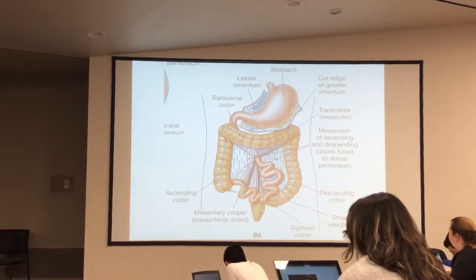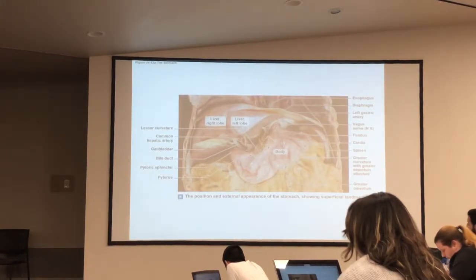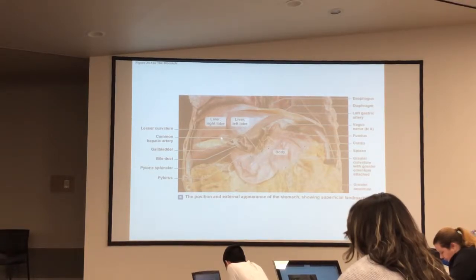And here we cut it out, okay, the greater omentum, actually very long, going down. This one is from a human body. You can see this part is the lesser curvature. That ligament cannot be seen very well. That is the greater curvature, and you can see the adipose tissue here. Everything you see here is the greater omentum. Okay. It's very, very long, very big here. Then here this is something else.